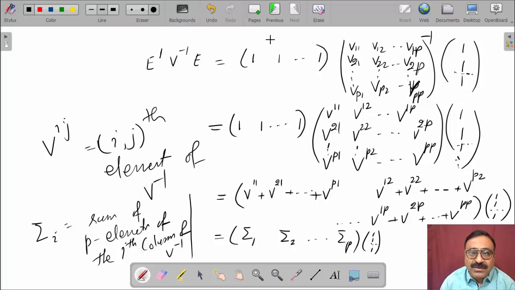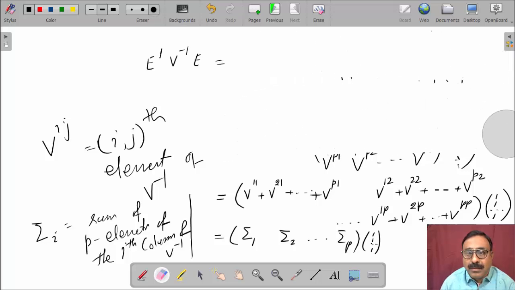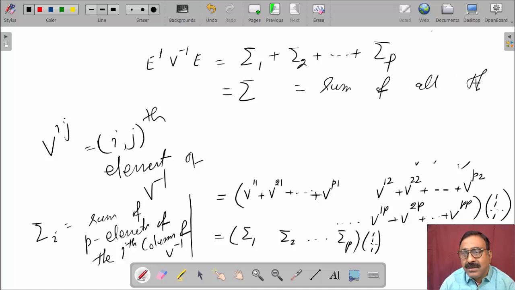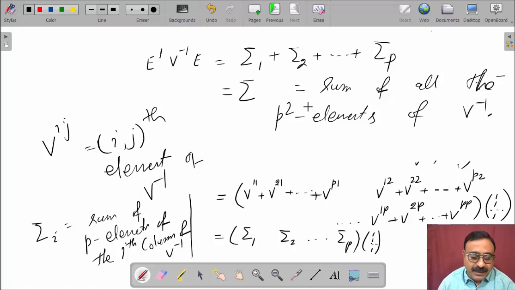Now this will be sigma 1 plus sigma 2 plus up to sigma P, that is equal to sigma, that is equal to the sum of all the P square elements of V inverse.